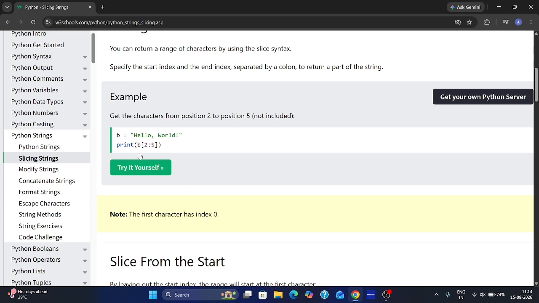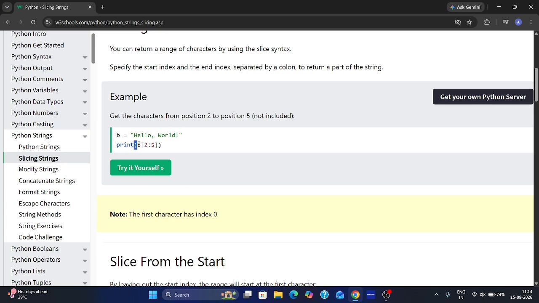So let's see this example. This means 2 to 5, starting from 2. You start from 2 and have to go up to 5, and 5 will not be included; you have to keep this in mind. This is a very important topic: slicing in strings.